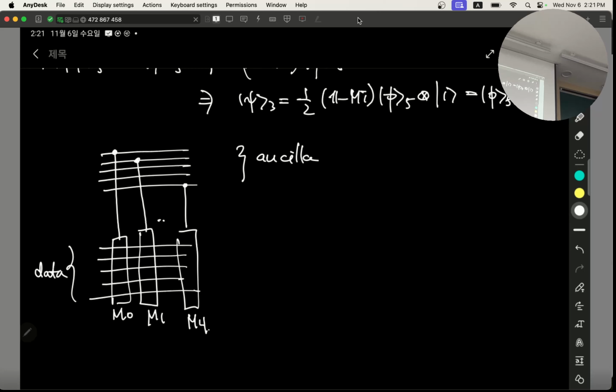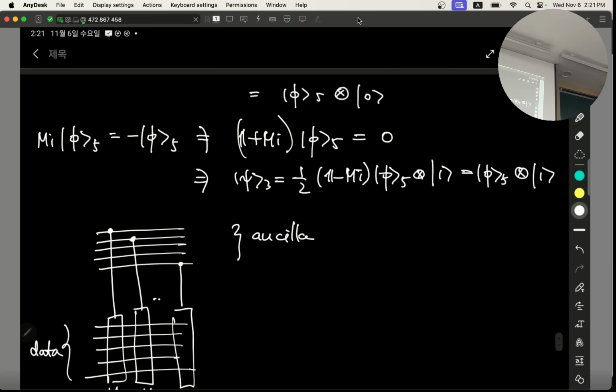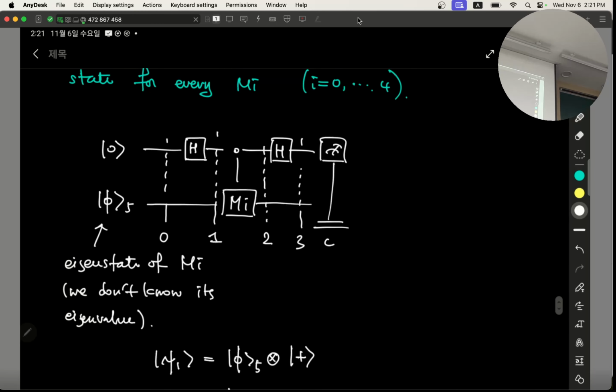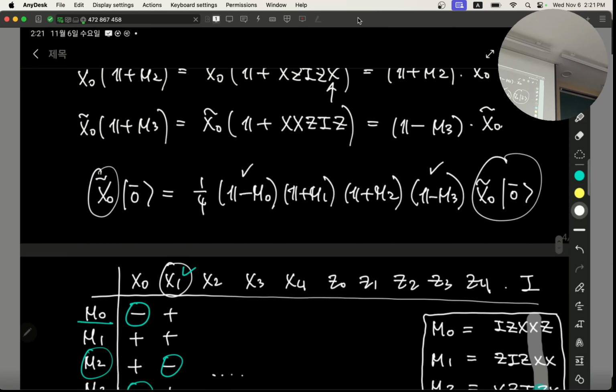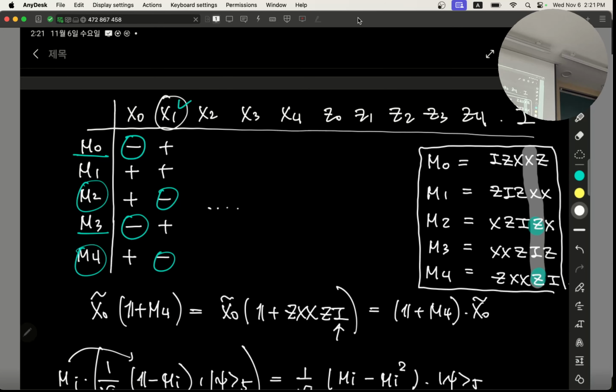If you have a 1, then it means that there is an error, so you have to go to the table and find out which error it is. One thing before I finish: it can only detect one error, one X or one Z. Okay? What if 2 errors occurred?